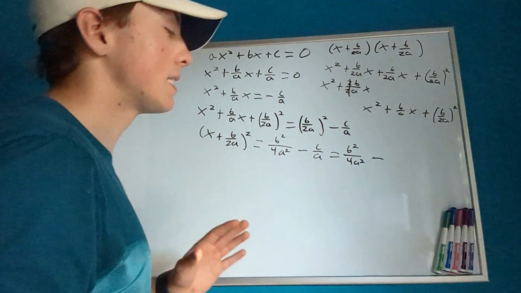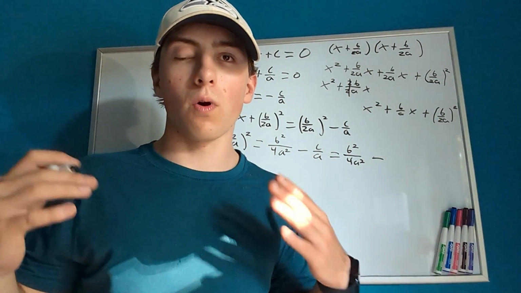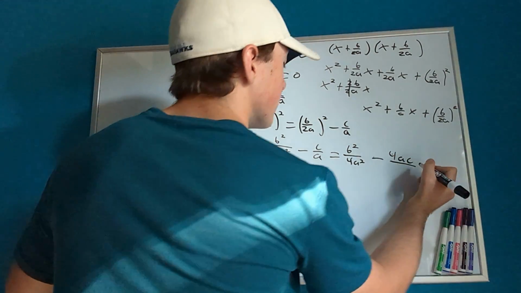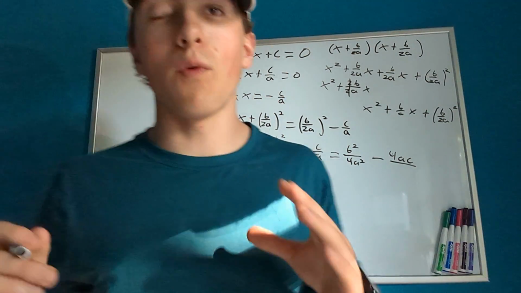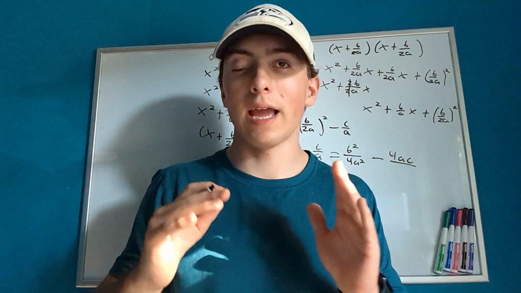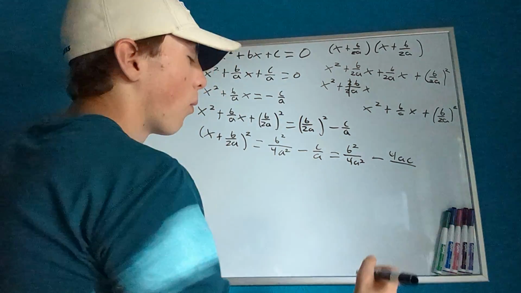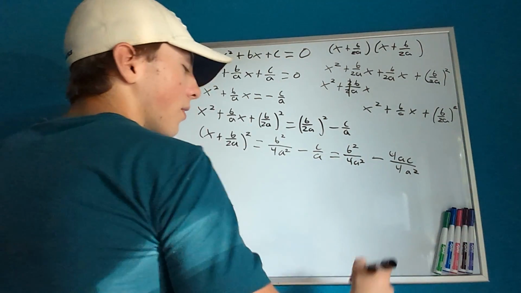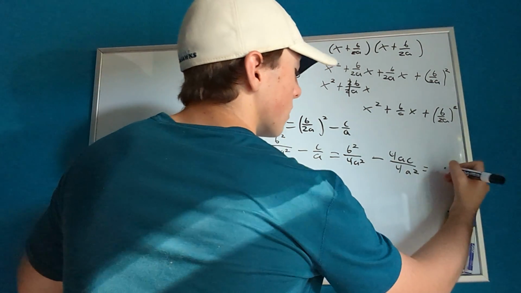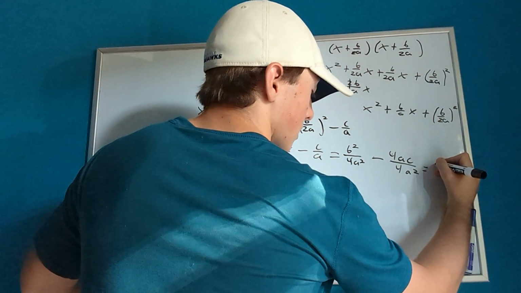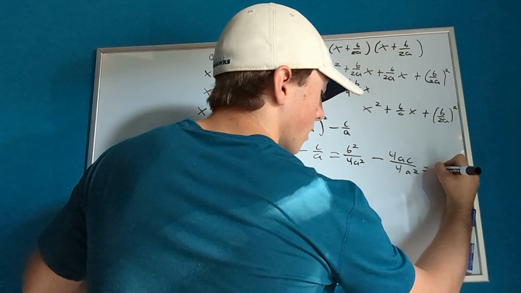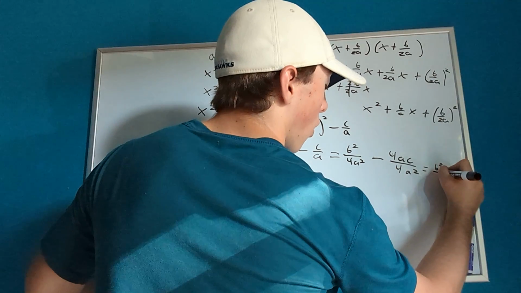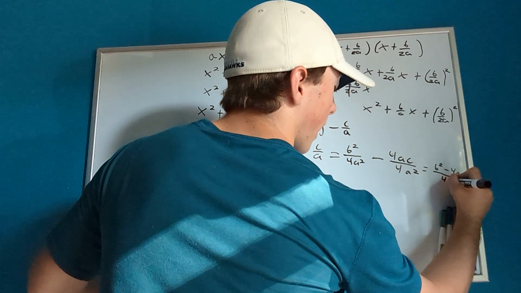Then if we multiply c by 4a, we get 4ac, right? And if we multiply a by 4a, that's a times a squared times 4, so 4a squared. So then we can say this is b squared minus 4ac over 4a squared.